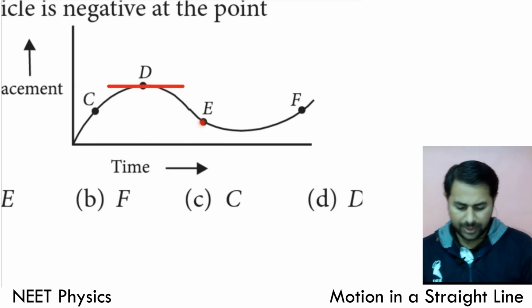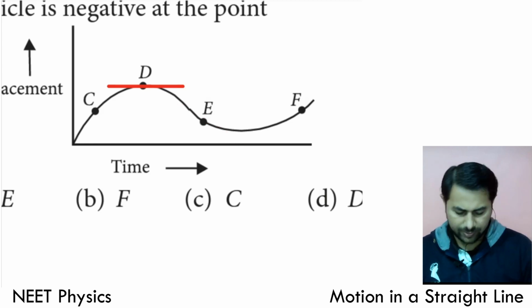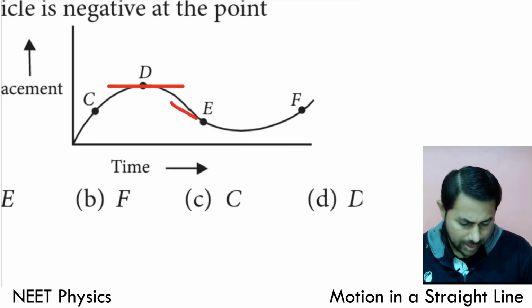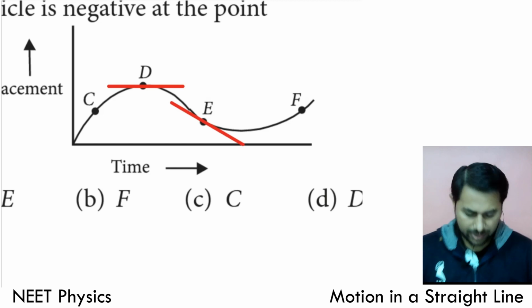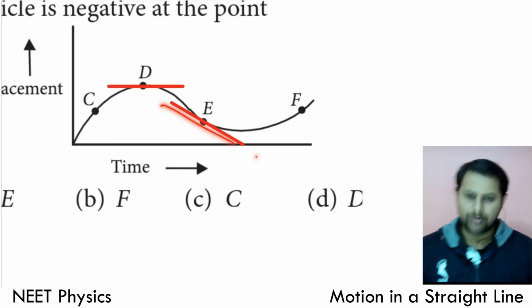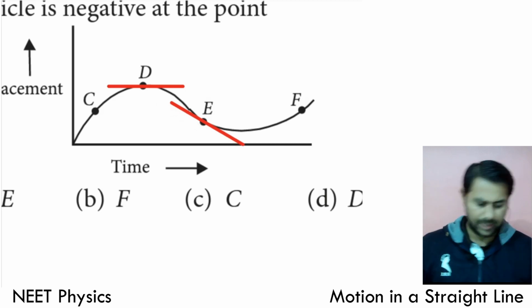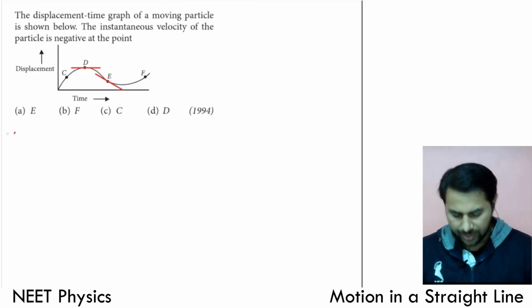At this point the tangent drawn goes like this, so the velocity would be negative because the slope is negative, right? So option A is correct.